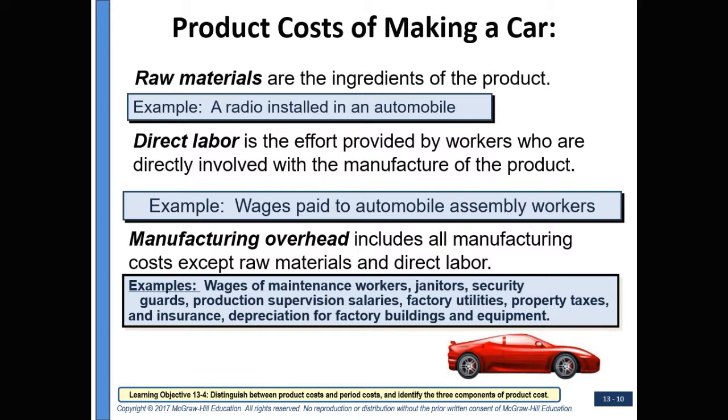And then those indirect costs are components of manufacturing overhead. And these could include things like the wages of the maintenance workers, the janitors, security guards, production supervisor salaries, the utilities, property taxes, insurance, and depreciation for the factory, buildings, and equipment.